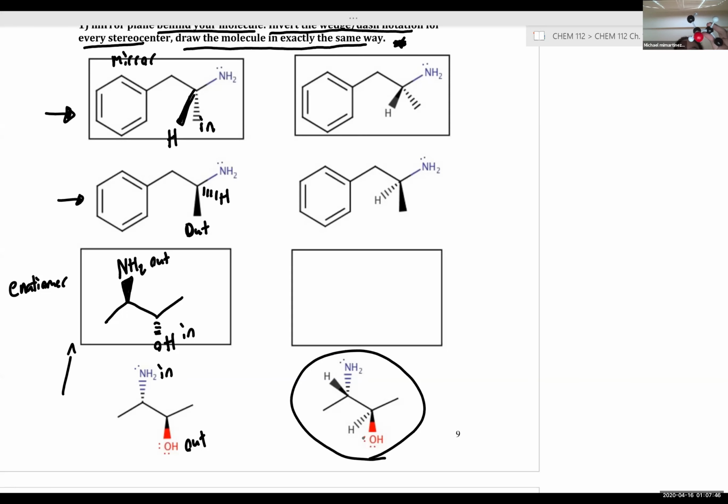Okay, so first things first, on the left, we have the original molecule with our OH pointing out and our amine pointing into the page. And now we have our enantiomer.